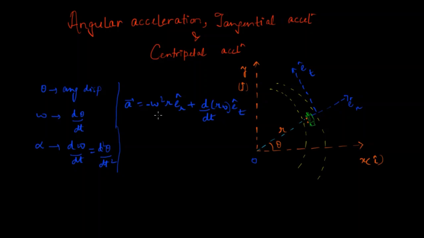The reason we are using er cap and et cap is that in a circular motion, the analysis becomes much easier. Why? You see here in this equation of acceleration, given that the car is moving in a circular motion, the radius will be constant, right?